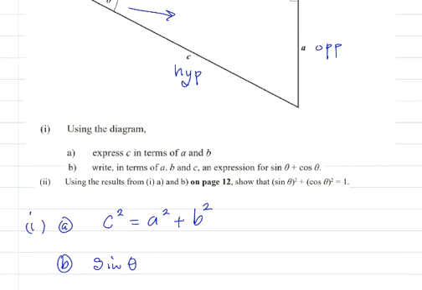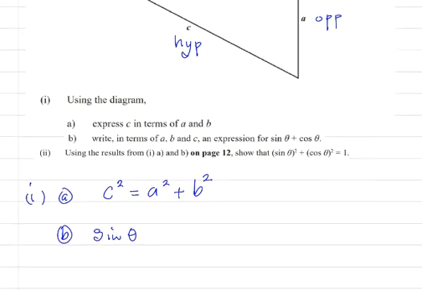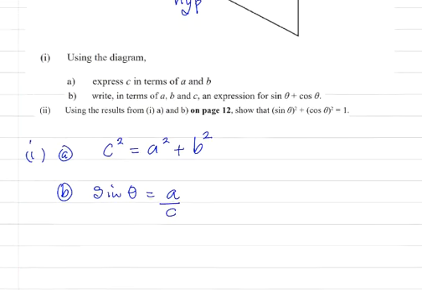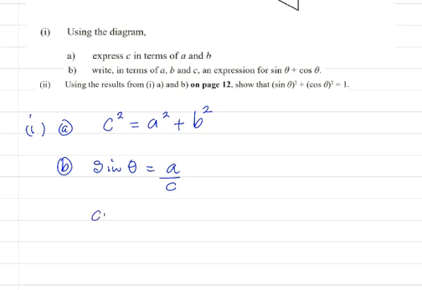Now, sine is equal to opposite over hypotenuse. So the sine of theta would be opposite A over the hypotenuse, which is C. The cosine of theta, now cosine is equal to adjacent over hypotenuse.